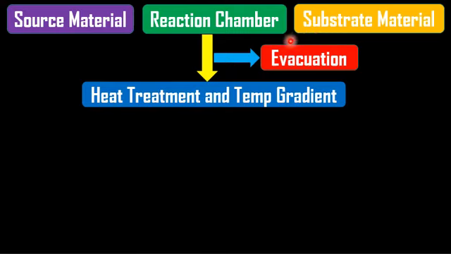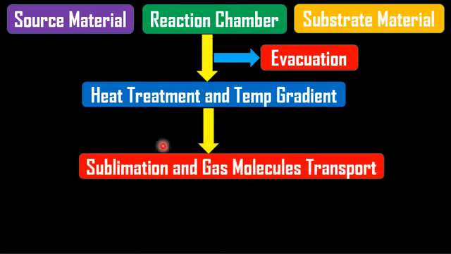So after the evacuation and heat treatment inside the reaction chamber of the closed space sublimation apparatus, the sublimation of the source material starts above its melting point. So when the source material gets sublimated, before that the transportation gases like argon and nitrogen are introduced inside the reaction chamber.